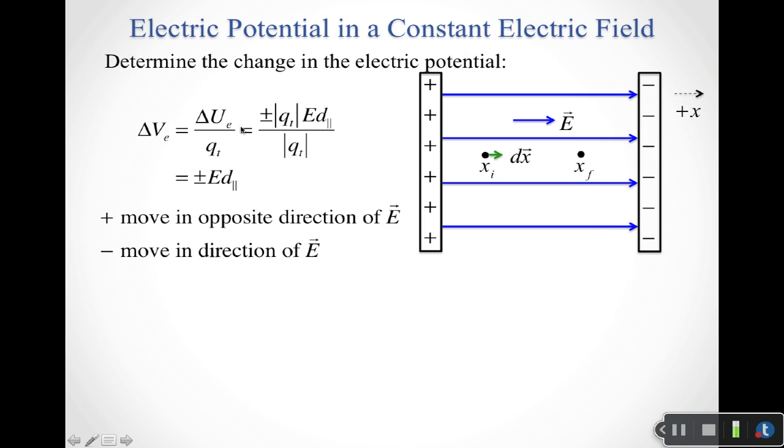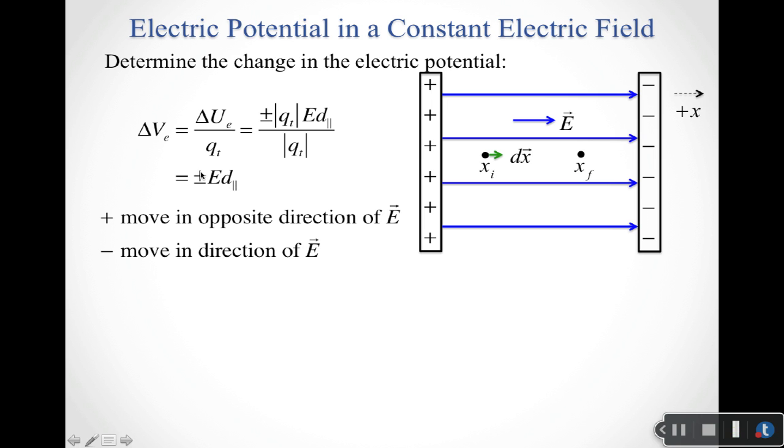But when we take one of the ways that we can calculate the change in the electric potential energy, and we divide out the test charge, we're left with, again, two positive quantities, the magnitude of the electric field, and then the distance parallel to the electric field that we move around in the field.